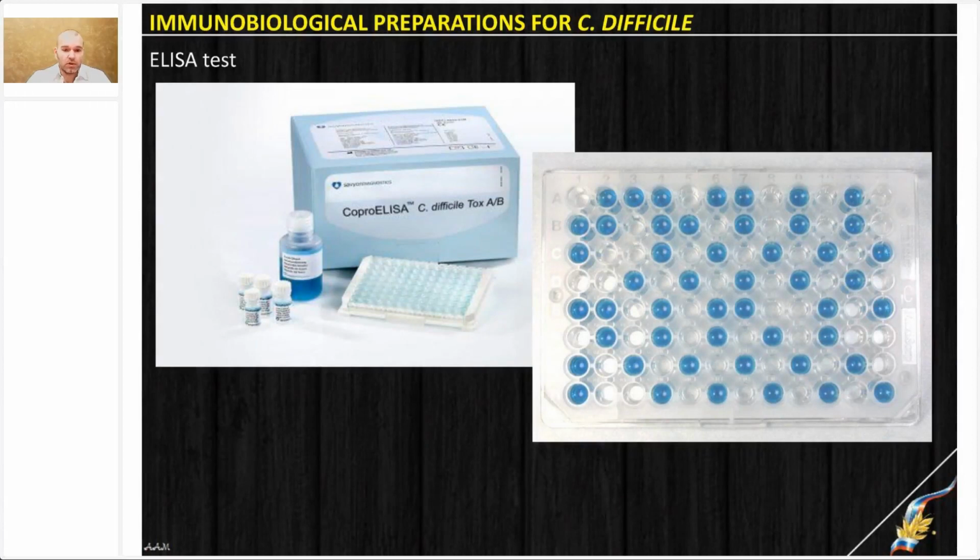So for identification, initially we had an ELISA test. If you remember, it is a type of immunological assay where antigens of Clostridium difficile, in that case toxin A and toxin B, can be identified with antibodies pre-absorbed on the plastic well.